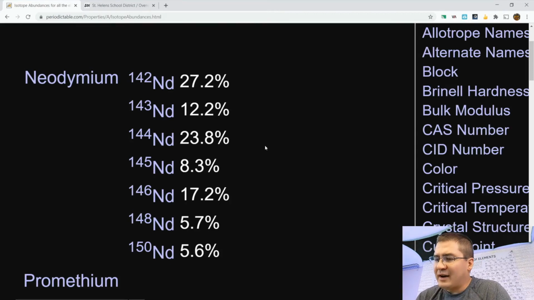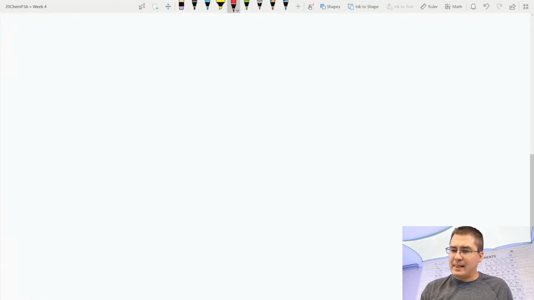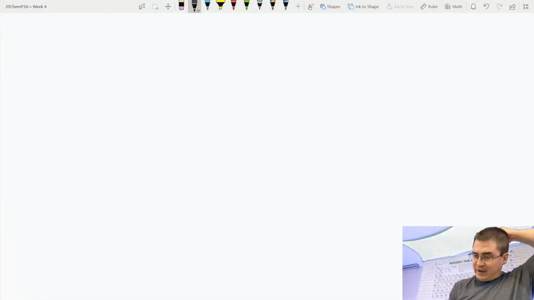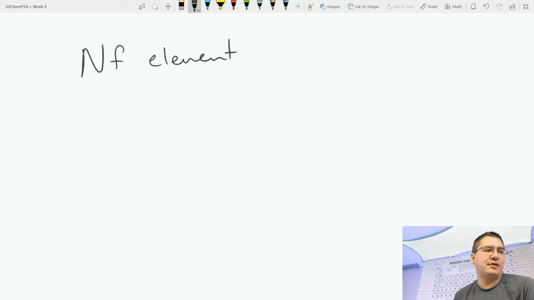I've got one other type of problem for you in here that I want you to see. Go to a new slide. Let's say I've got a made-up isotope. We'll call it the NF element, or Neil Ford, right? Okay, an NF element has 2 isotopes.